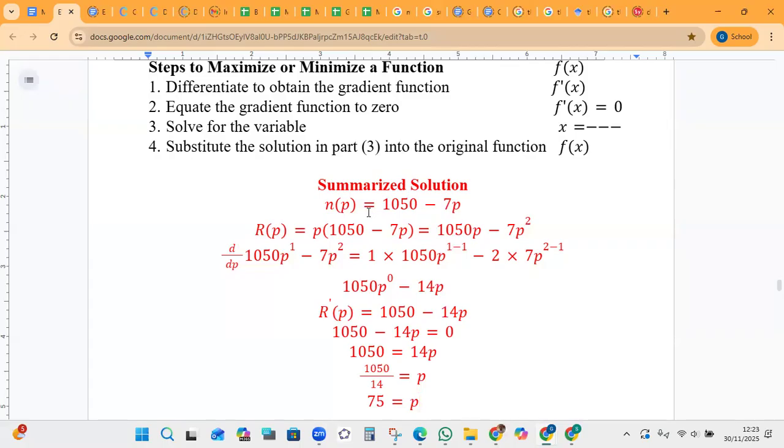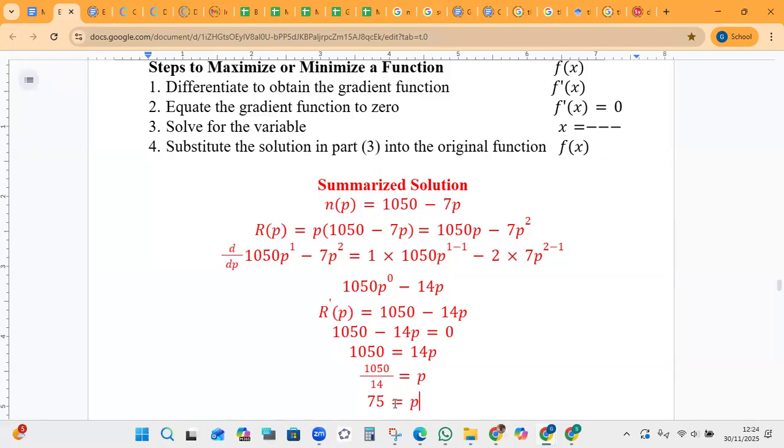To find the number of cars and the maximum revenue itself, but here we are not interested in maximum revenue. We are only interested in the price to get that maximum revenue. But if you are interested in maximum revenue, we substitute 75 into the revenue function to obtain the maximum revenue.